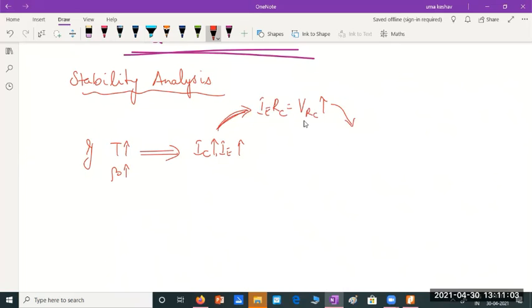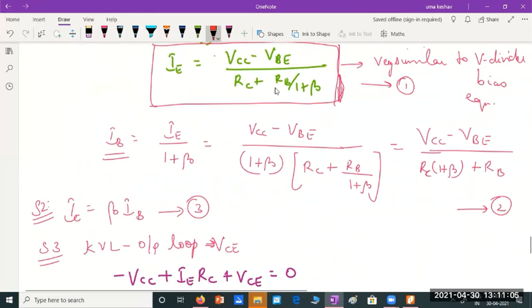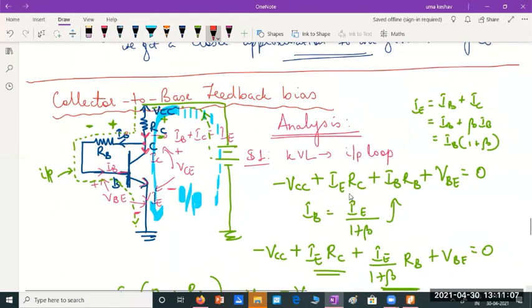And if drop across RC increases, you look at this equation. From the input loop equation, what will happen? This drop is increasing. If this drop increases, this is a constant which can't change. So what should happen?